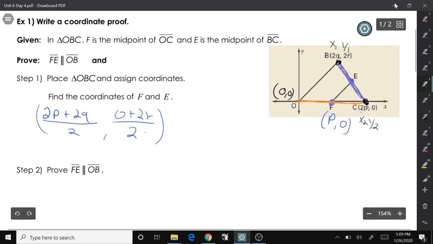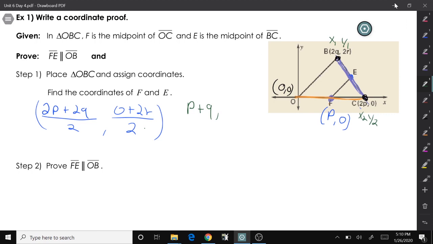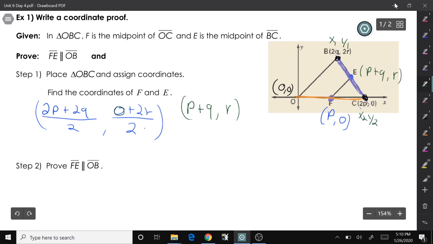So the coordinate of that point will be p plus q, comma, well, 0 plus anything will stay the same. We have 0 plus 2r divided by 2, which simplifies to just r. So the coordinate point for E right here is (p plus q, r).